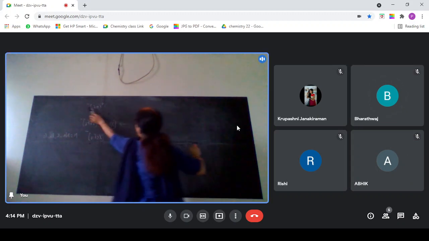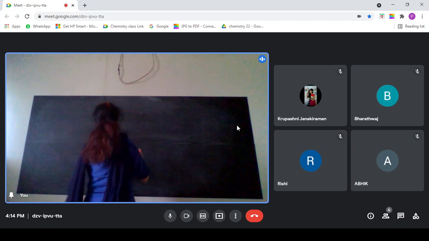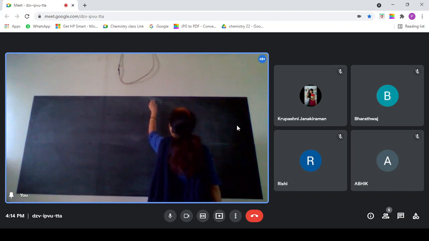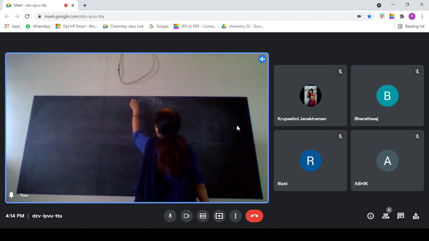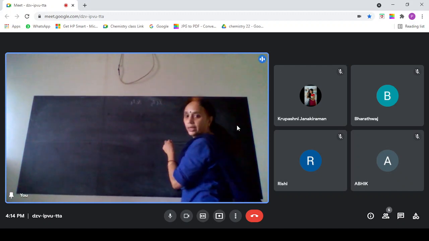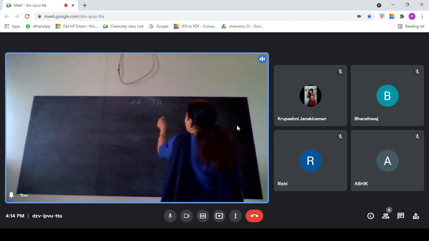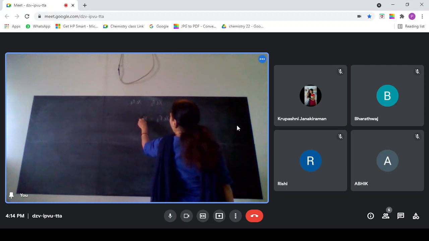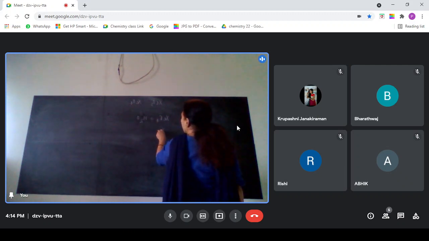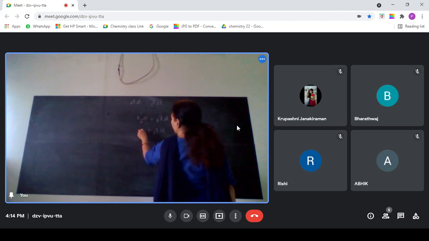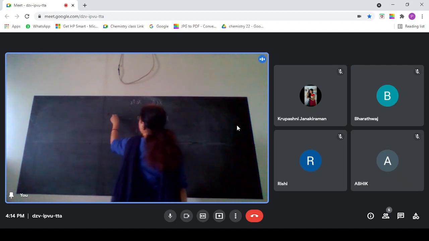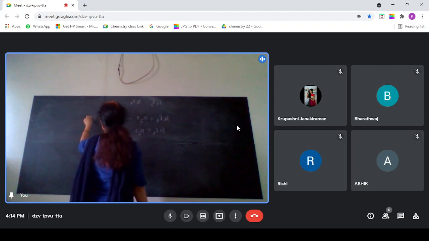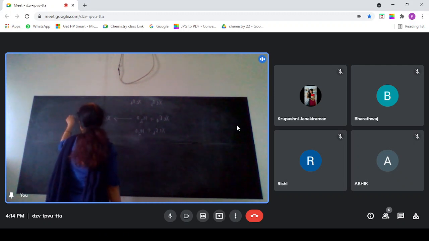Now we will learn xenon oxides. It forms XeO3 and XeO4, two oxides, trioxide and tetraoxide. How are they formed? They are formed by the hydrolysis of XeF4 and XeF6. We have already written this reaction.